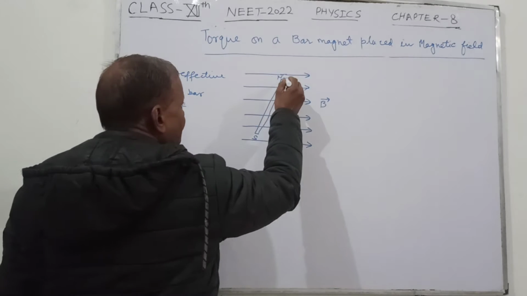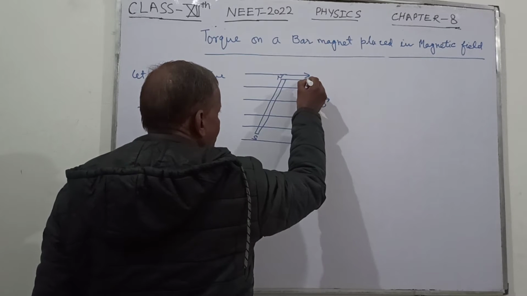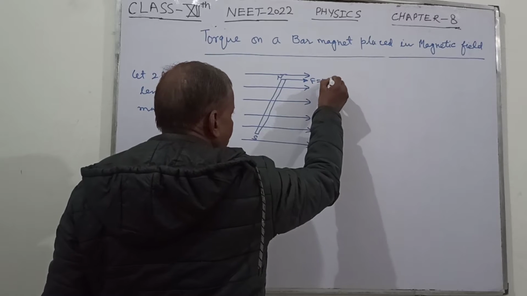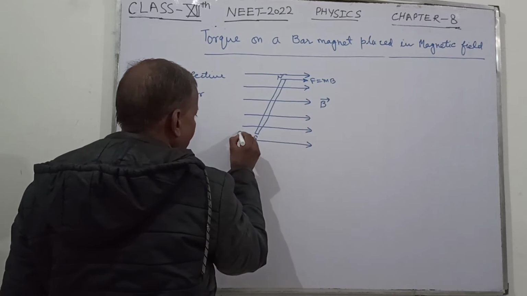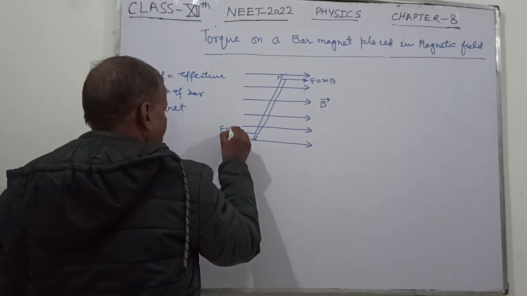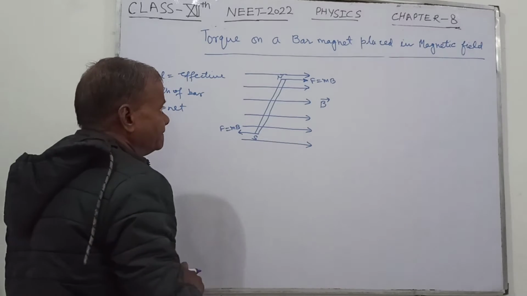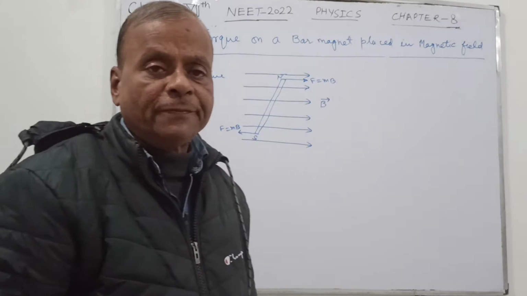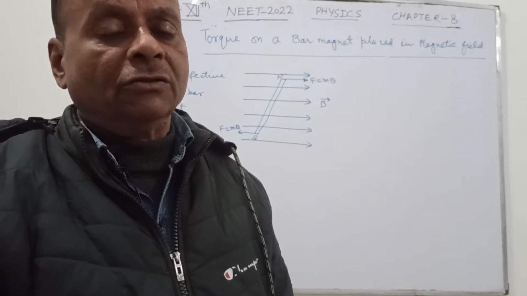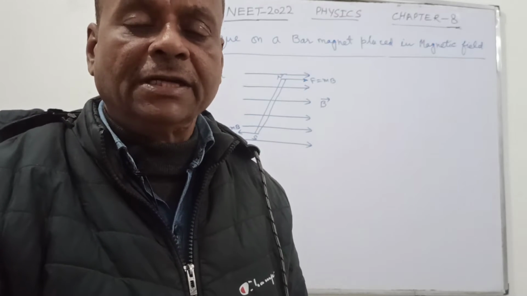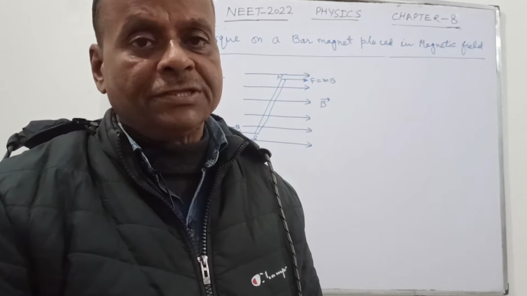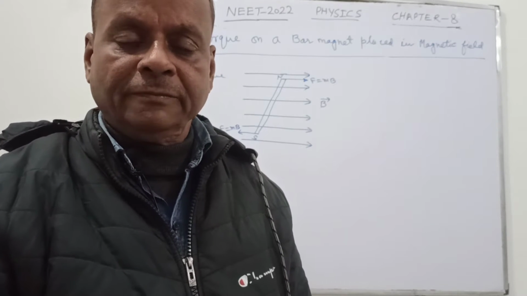Now the force acts on these poles. This is F equal to mB, and here the force acts like this, F equal to mB. On both the poles, magnetic force acts, and on the north pole, this is along the direction of the applied magnetic field, and on the south pole, this is opposite to the magnetic field.